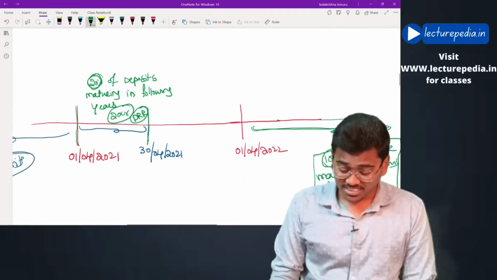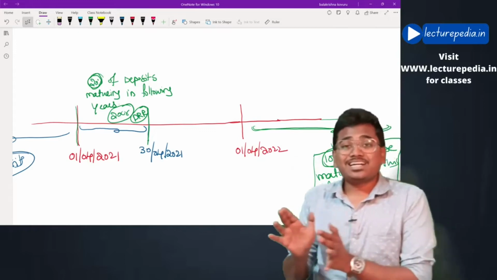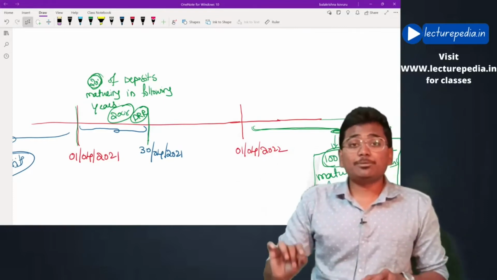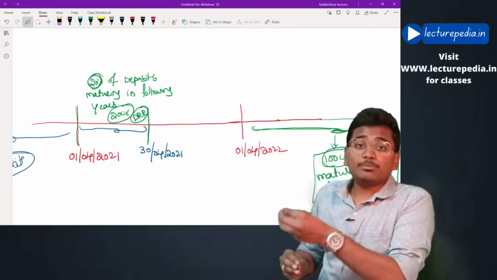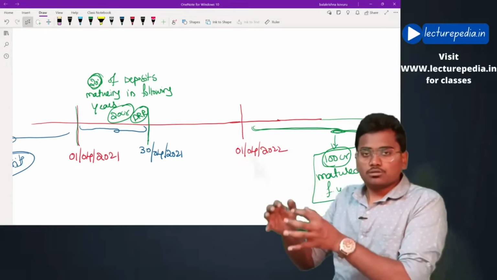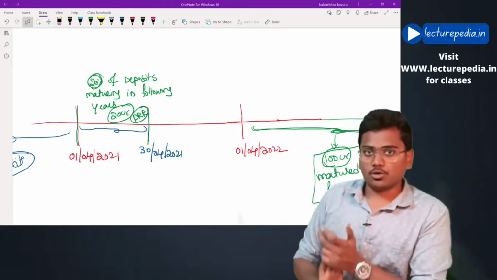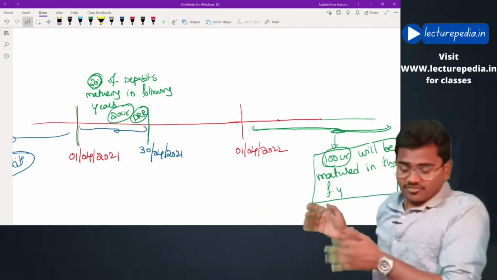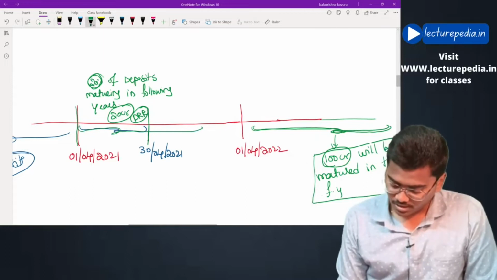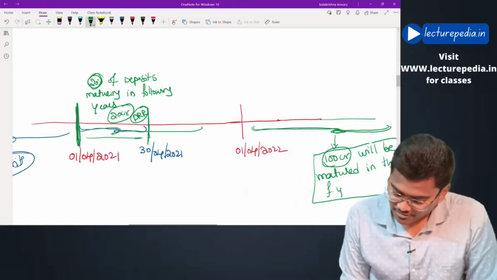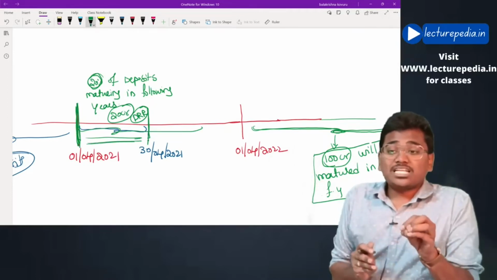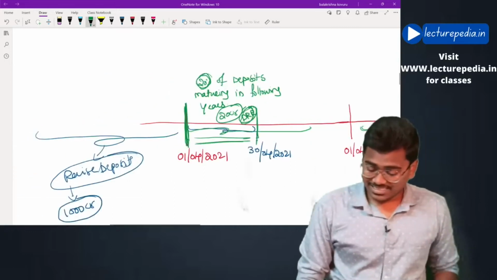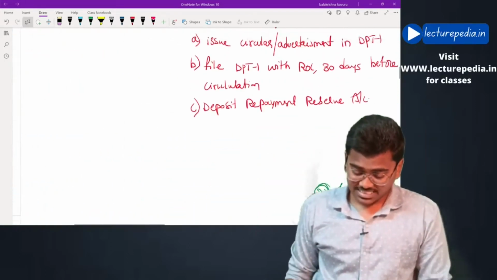The provision is that the company shall within 30 days from the completion of each financial year keep aside at least 20% of the deposit amount that is going to be matured in the following financial year, to be credited to the deposit repayment reserve account.